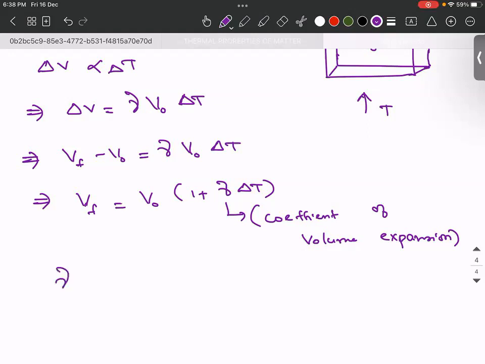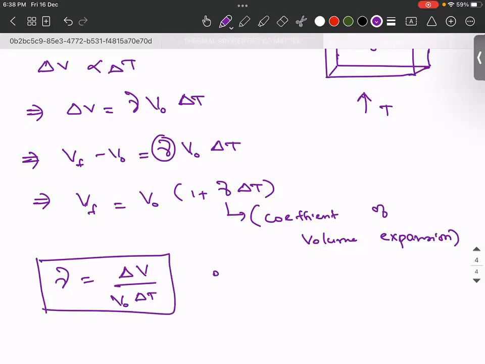So again, gamma will be equal to delta V divided by V naught into delta T. This is also measured in degree Celsius inverse or Kelvin inverse.